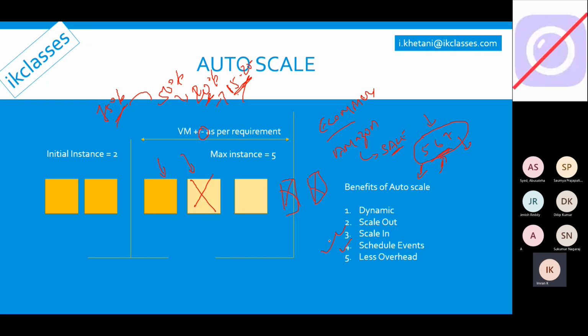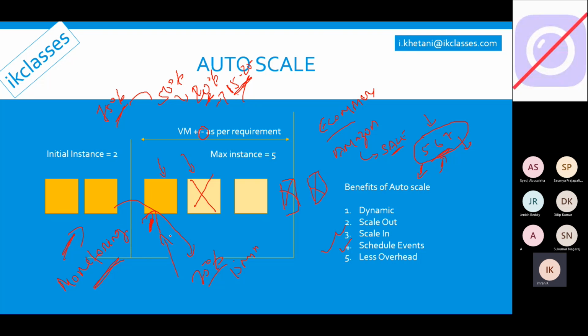And you have less overhead, so I don't need to monitor the traffic every time. If I'm not using the auto scale method, I'll need to make sure that I have a monitoring team, and I'll have to pay those people who are monitoring my infra. They'll be monitoring, and if an alert is triggered, let's say 75% for 15 minutes, they'll manually add one extra node to your cluster.